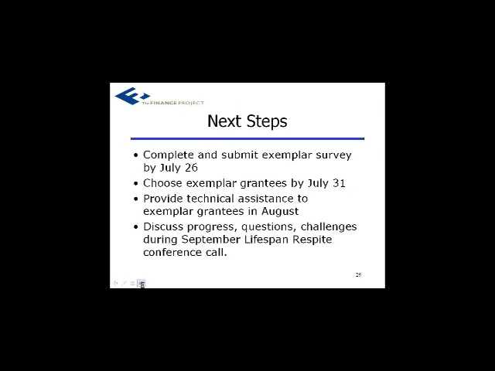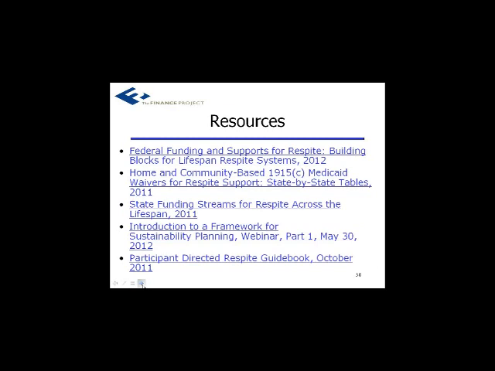We have on the slide presentation a list of really terrific resources that Arch, Jill and her colleagues have pulled together for you over time. There's been a lot of really great work done to identify federal funding streams that can be used for respite, as well as some state funding streams that can be used for respite.